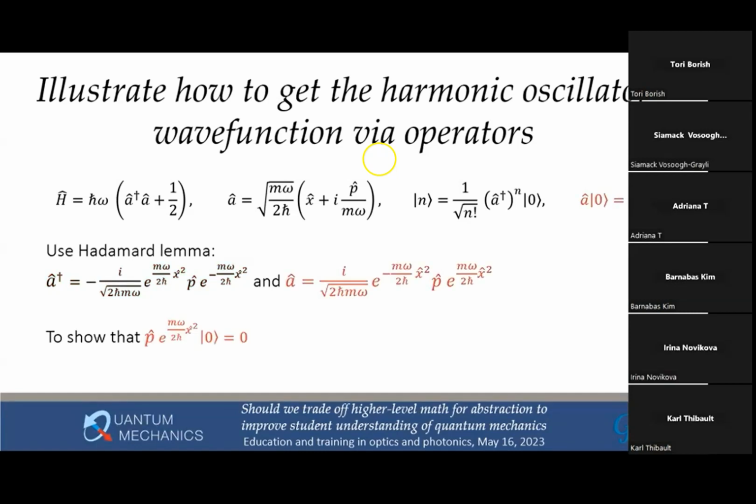Now, you can use this relationship here using the similarity transformation for the lowering operator to recognize that this says exactly the same thing as this. It says the P operator, momentum operator, acting on this combination of an operator acting on the ground state is equal to 0.